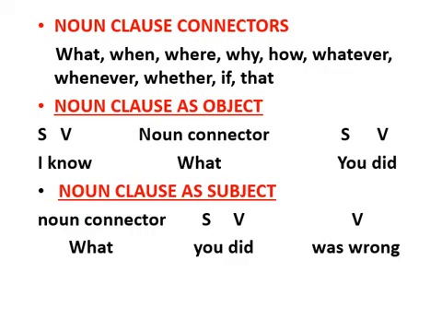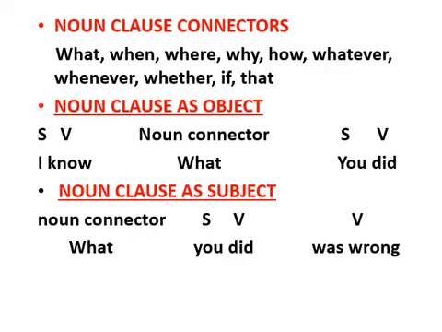طيب إيه بقى noun clause connectors؟ اللي هي what, when, where، كل دي connectors. why, how, whatever, whenever, whether, if وهكذا. طيب noun clause as object. لما هقول I know، subject and verb، what you did.